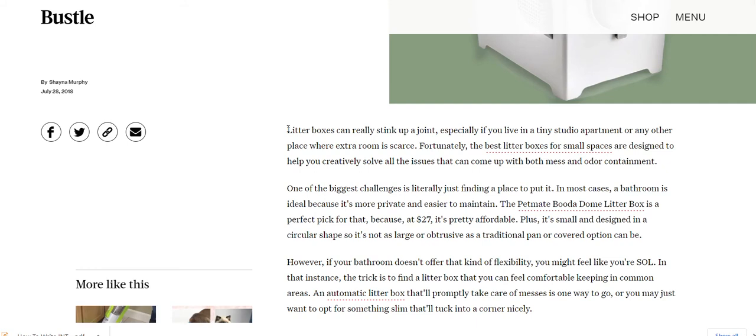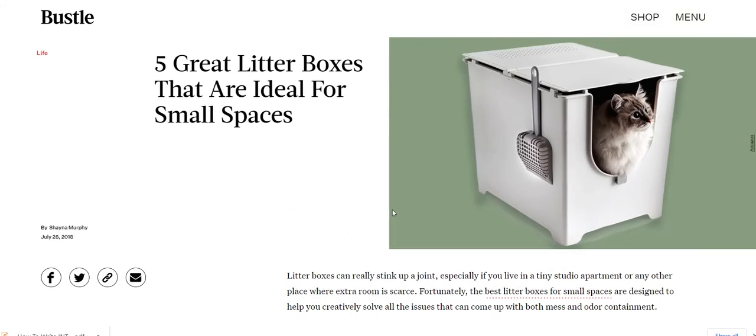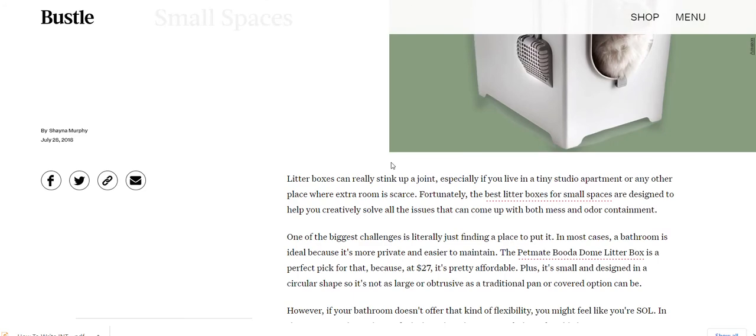Litter boxes can literally stink up a joint, especially if you live in a tiny studio apartment or any other place where extra room is scarce. With that one sentence, the writer communicates to the reader that she understands the reader's problem. The reader is not interested in a litter box for a mansion or a big open space.